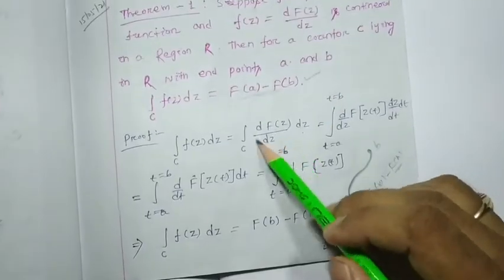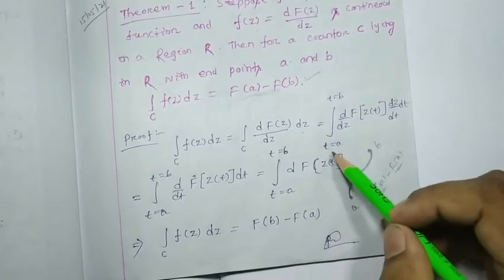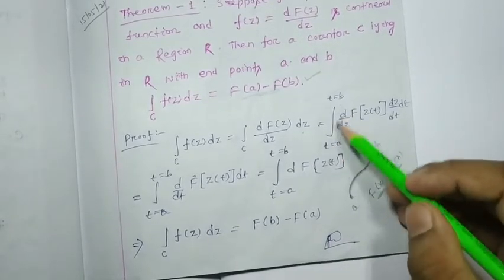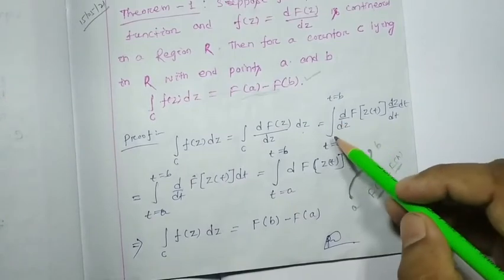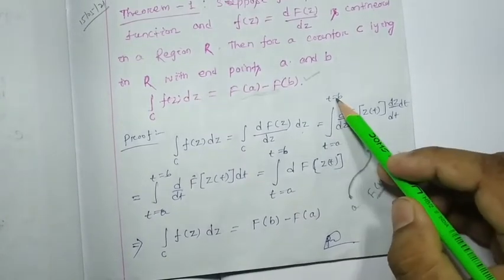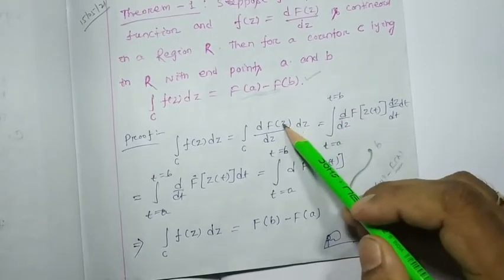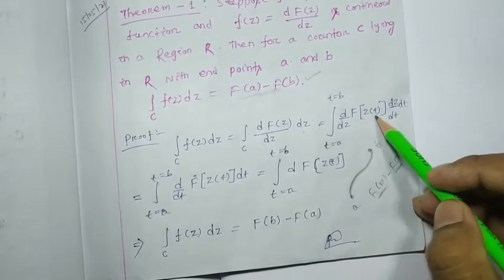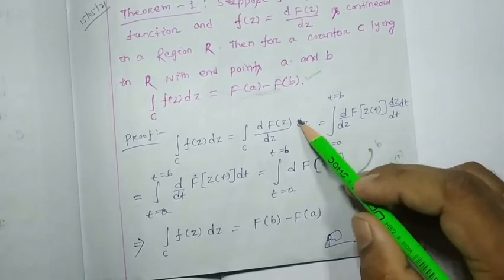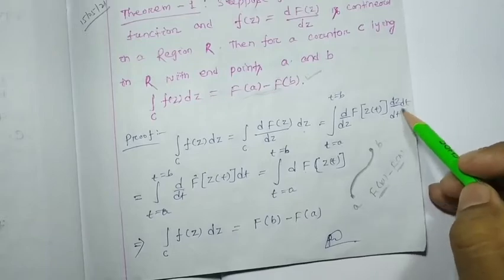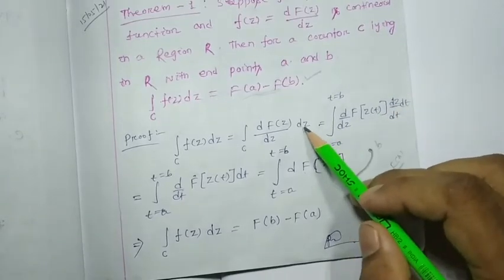I have just substituted the same thing over here, with t equal to a, that is the initial point, to t equal to b as the limits. Here z is a function of t, so we can write dz by dt into dt. That means dt gets cancelled and we get dz.